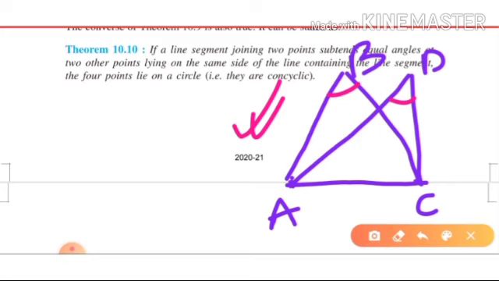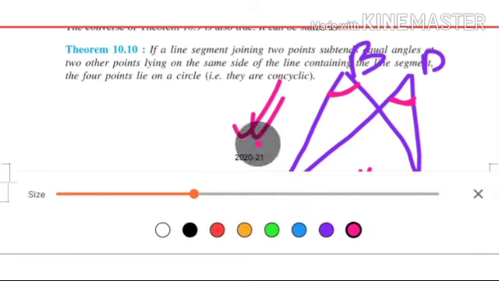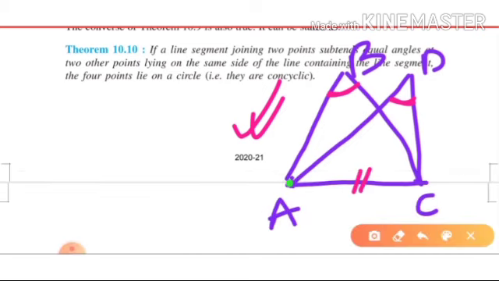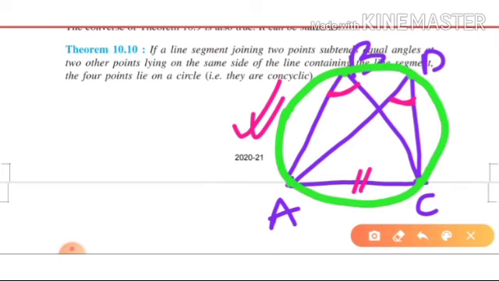So on the same side of the line, if the two angles subtended by this line segment AC are equal, then by this theorem, these points A, B, C, D are concyclic. That means through these you can draw a circle. That means these points will lie on the circle.